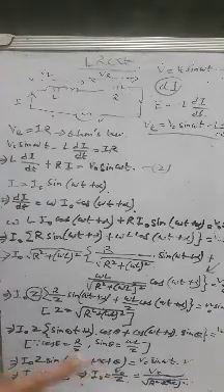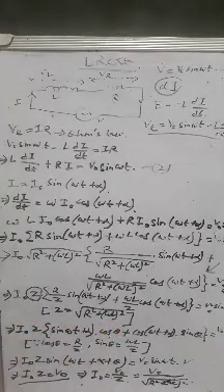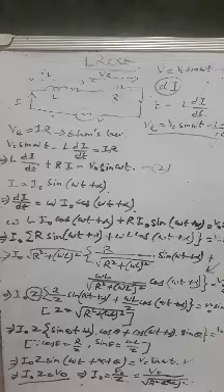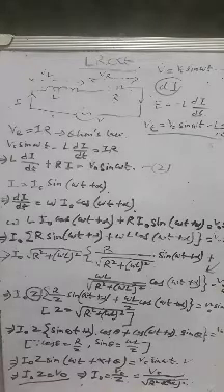Understood? See, in the bracket I have written Z equals this full thing, root R square plus omega L whole square. So I am writing this here also, that is your I naught will be equal to this. Okay, so students, the AC in the circuit will be what? Your I will be equal to I naught sine omega t minus theta. Since the value of I is I naught sine omega t minus theta, I can write this as V naught by Z sine omega t minus theta.